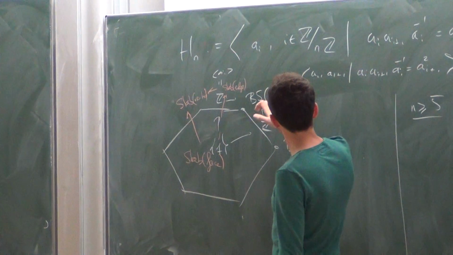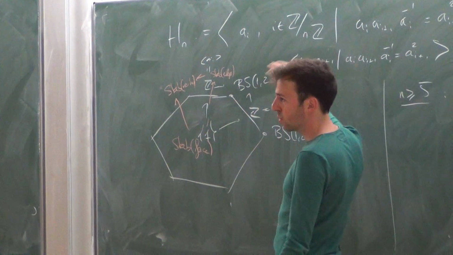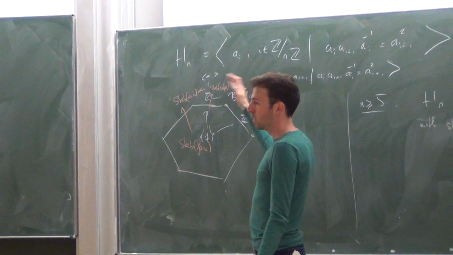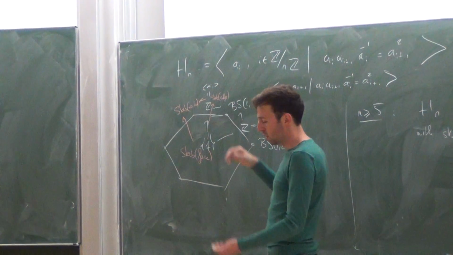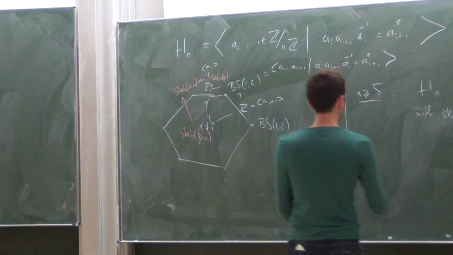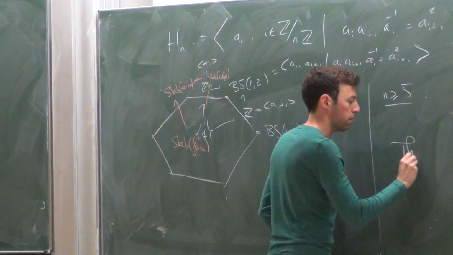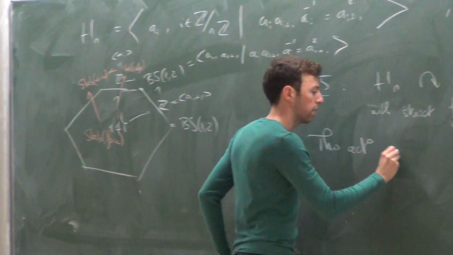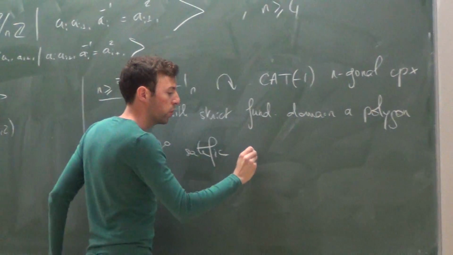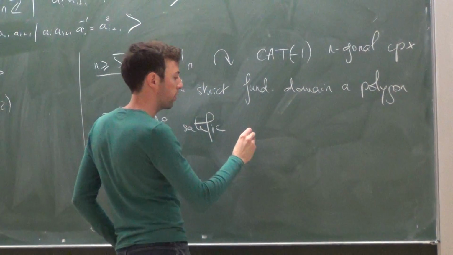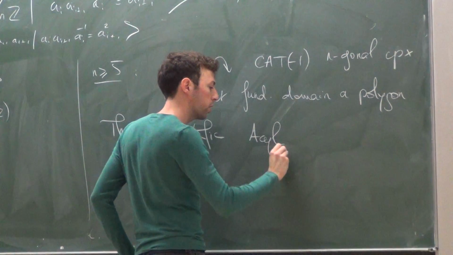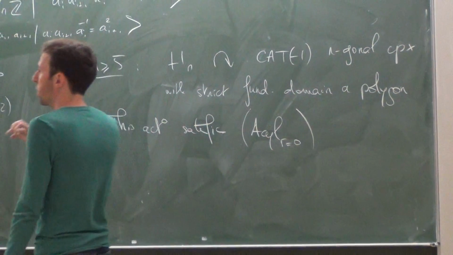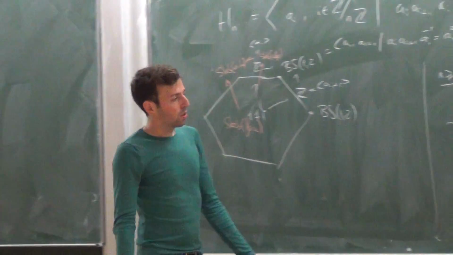So in one case, it's going to be the embedding of the stable letter, so it's quasi-isometrically embedded. In the other case, it's distorted. In particular, it's very simple to check that this action satisfies the weak, or that weaker form of acylindricity at r equals 0. I won't have time to detail that.